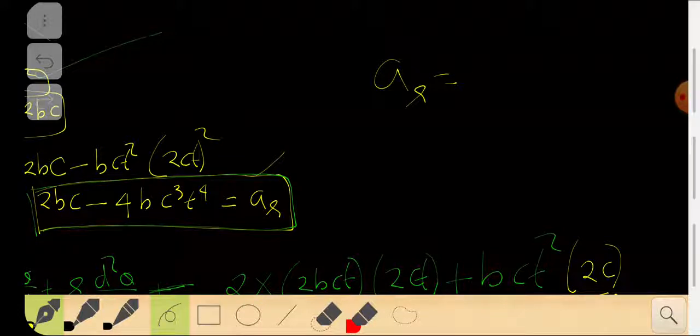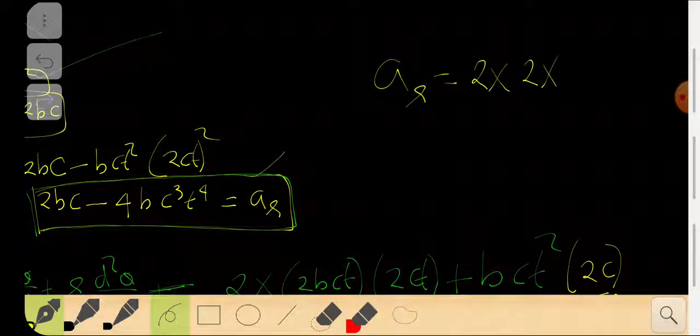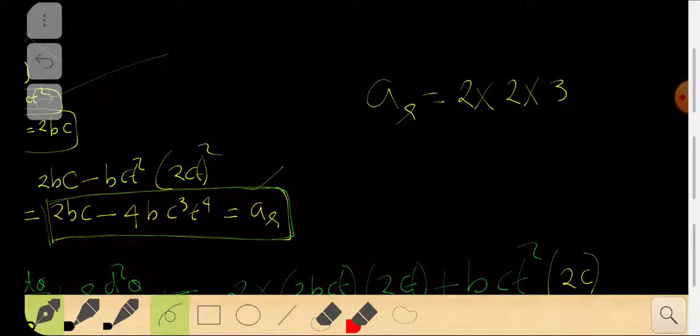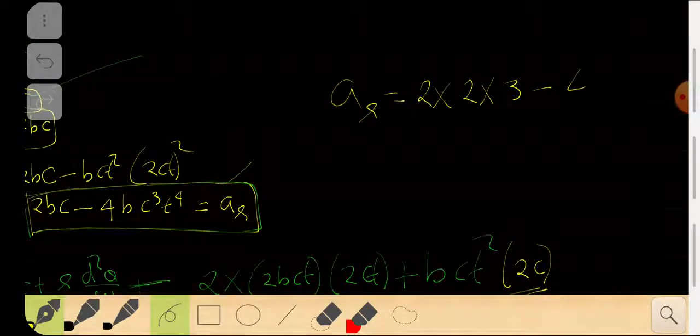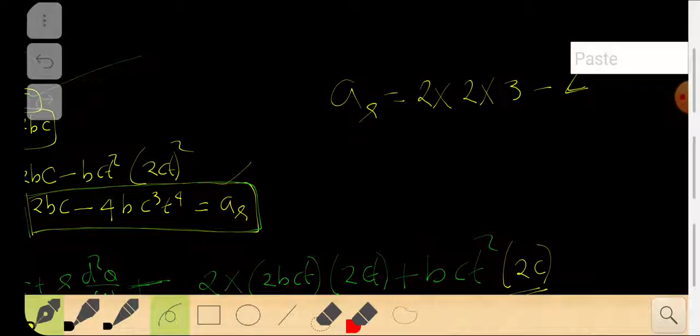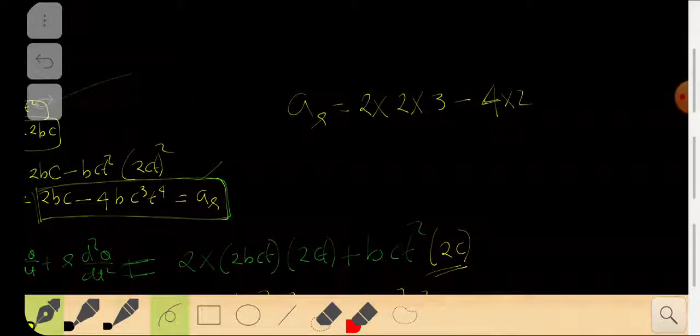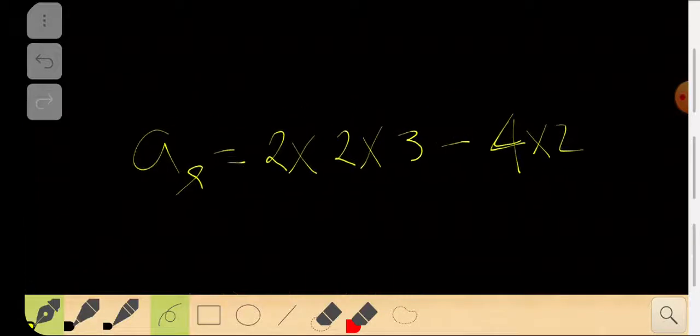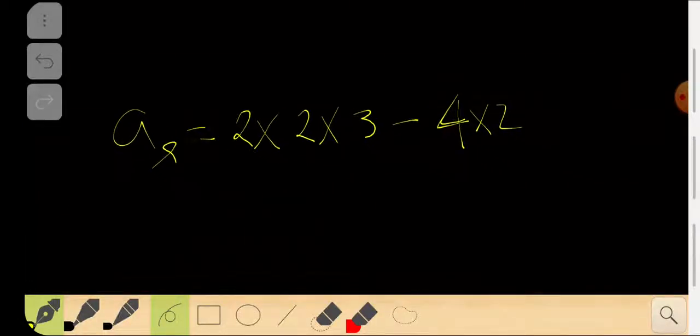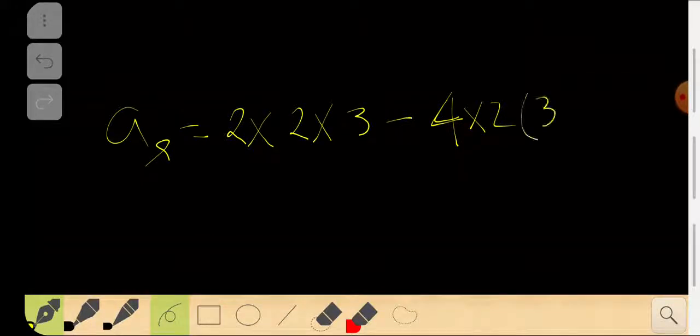That's 2 times b, which is 2, times c, which is 3, minus 4 times b, which is 2, times c³t⁴. c³ is 3 cubed, and t⁴: t is just 4 seconds, so it's 4 raised to 4. Okay, now I got that.